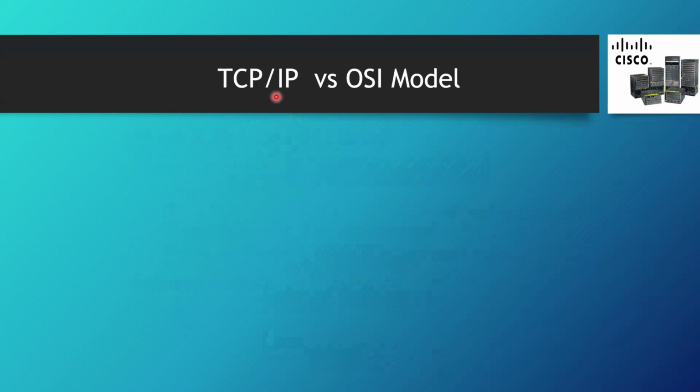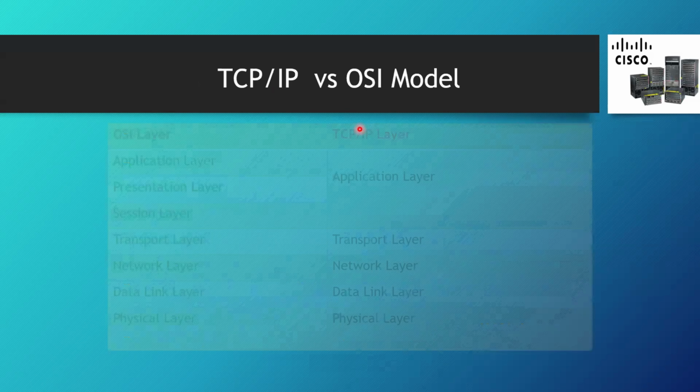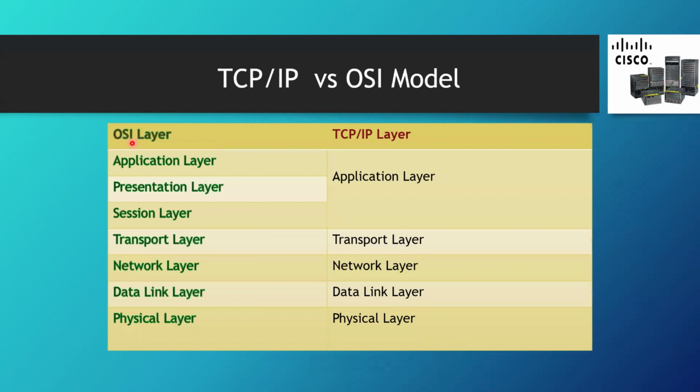Let's have a look at a bit of comparison of the TCP/IP versus OSI model. What is the OSI layer? As part of our OSI model, we have 7 different layers. First is layer 1, then layer 2, then layer 3, layer 4, which is the transport layer, layer 5, the session layer, layer 6, the presentation layer, then the application layer.